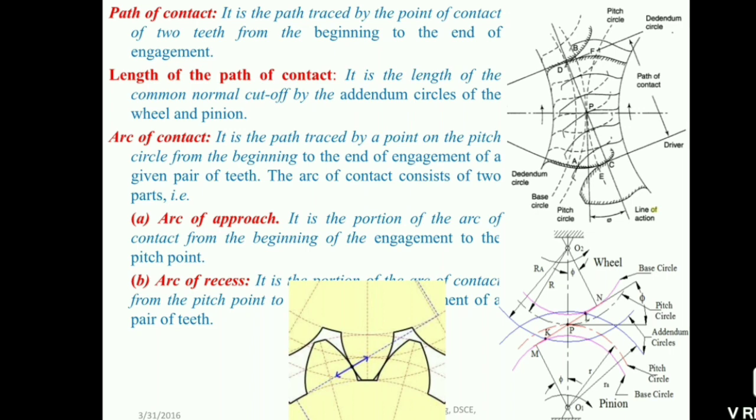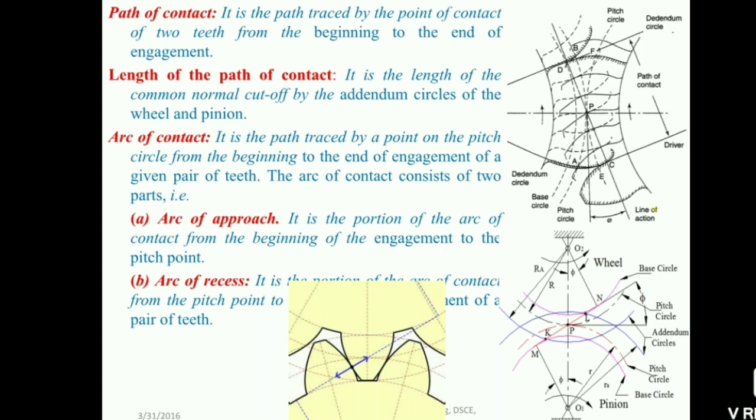Then you have, see, this path of contact can be divided into two: path of approach and path of recess. That means from the beginning to the maximum contact. When two gears mesh with each other, when it starts contacting, that is the minimum contact, it reaches the high contact. That will be the maximum contact, which is called the pitch point.